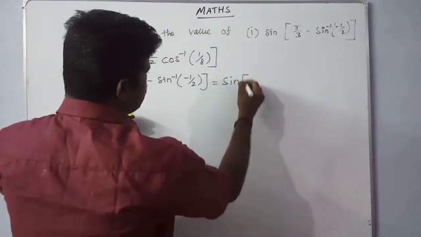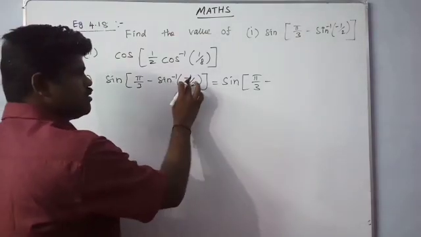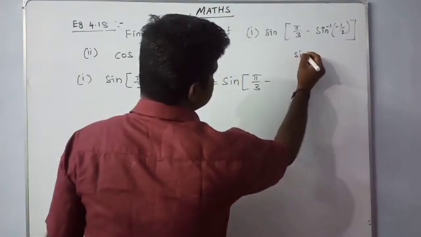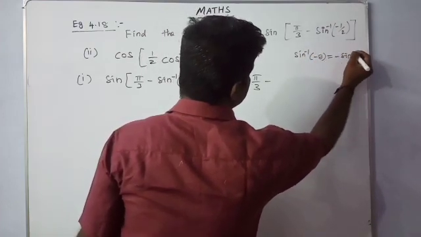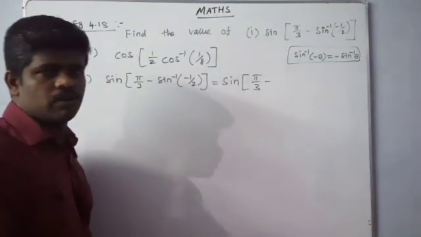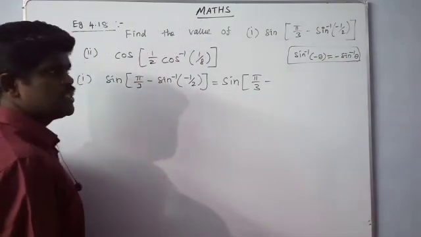Directly we can write pi by 3 and minus sin inverse of minus theta. Property number 2 says that sin inverse of minus theta equal to minus sin inverse theta. So this is the property number 2 in our book.